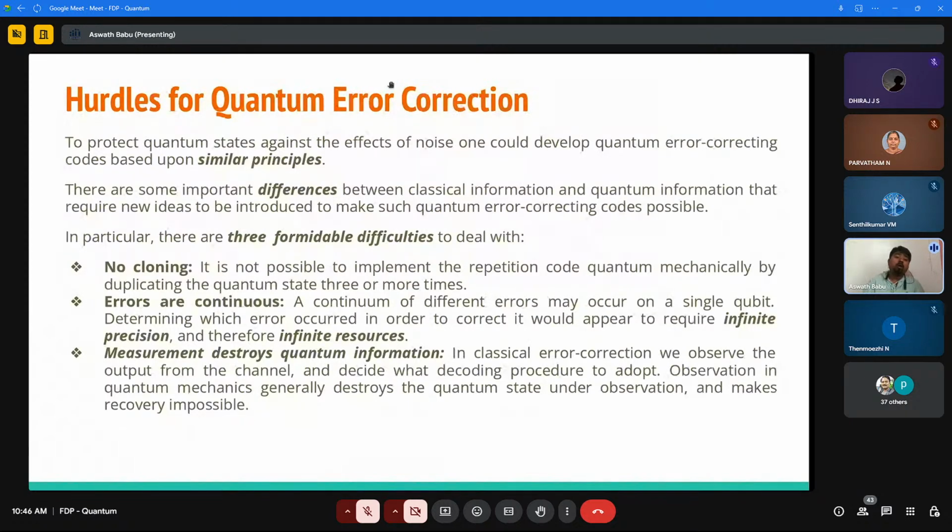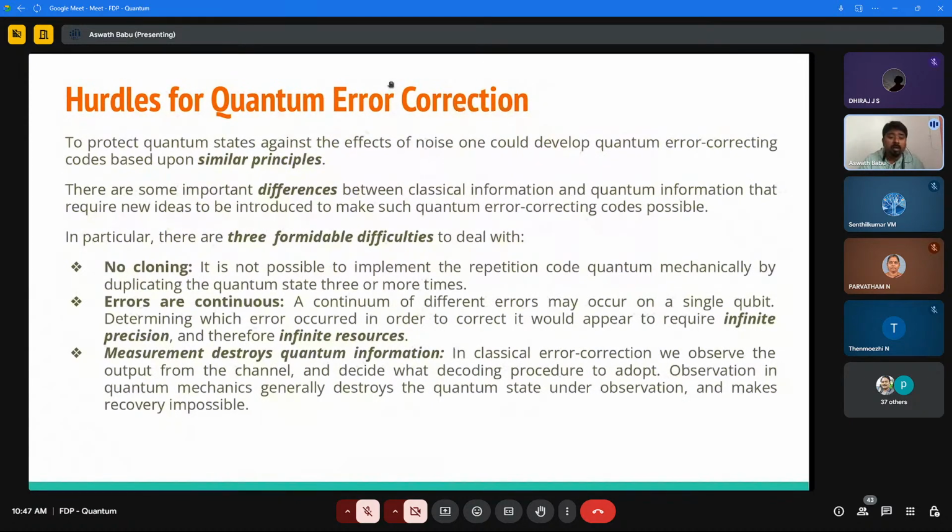And one more hurdle, the third hurdle, is this: let's say I want to know if there is an error in the signal. What should I do? I have to do a measurement. But the problem with measurement in quantum communication is, the moment you measure something, it gets destroyed. All measurements are going to destroy the quantumness or disturb the quantum state from one form to another.